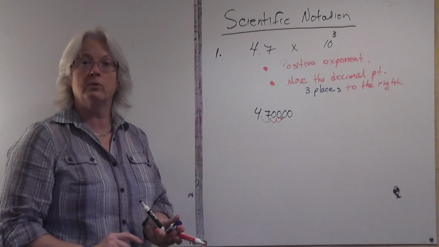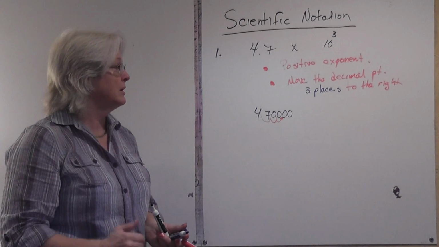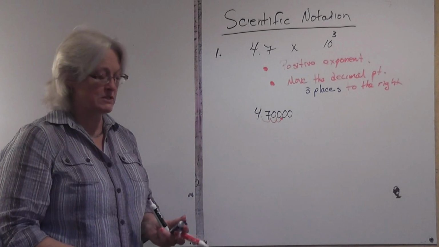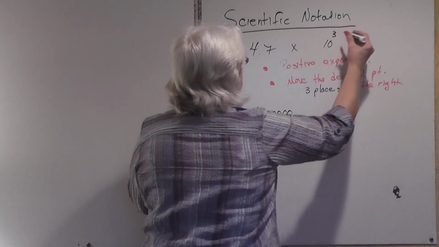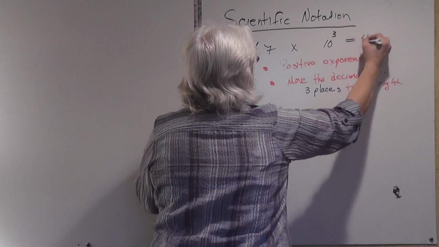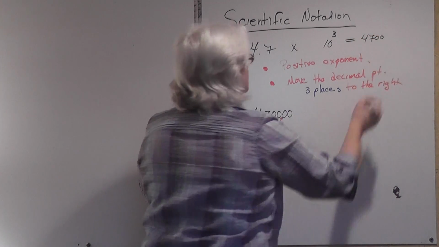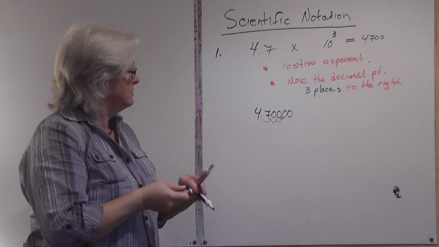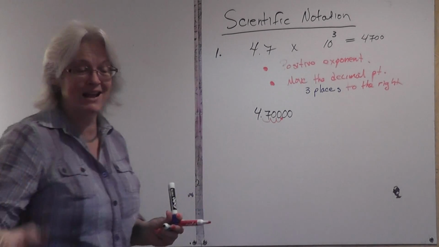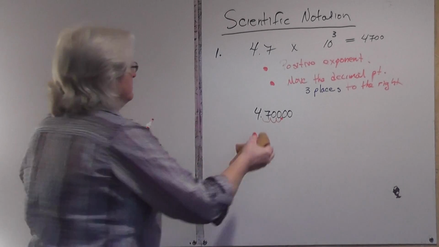So what has happened when we multiplied by 10 to the third? We end up with 4,700 as our result. Everybody see that one?